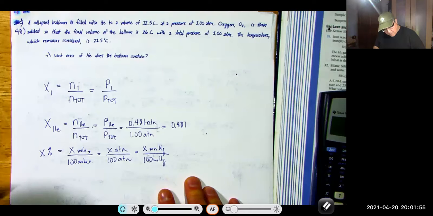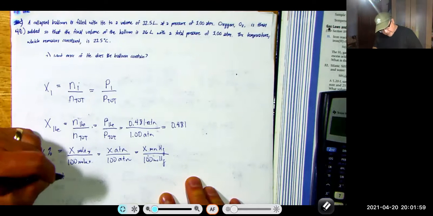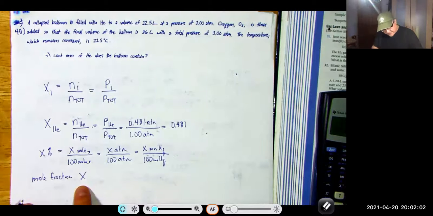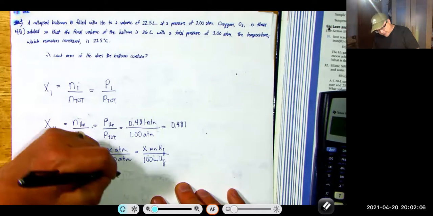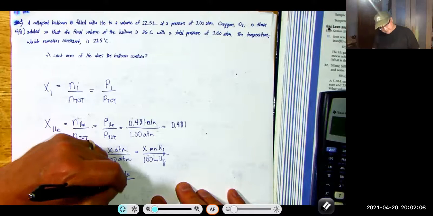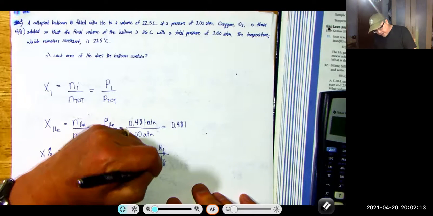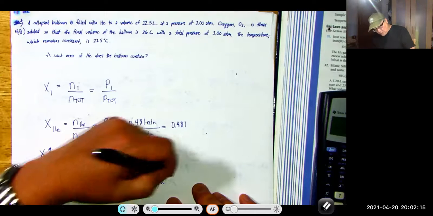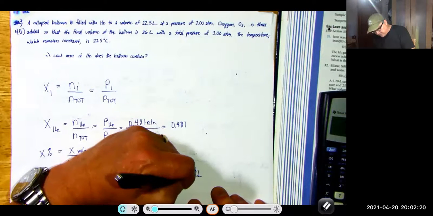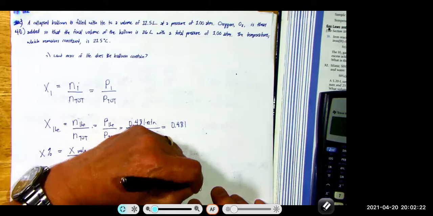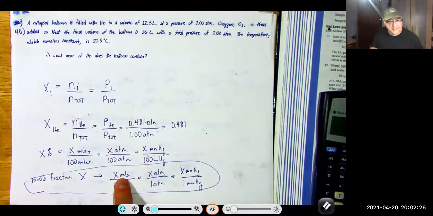But when they talk about mole fraction, if the mole fraction is X, this means X moles out of 1 mole, or X atmospheres out of 1 atmosphere, or X millimeters of mercury over 1 millimeter of mercury. People don't like using mole fractions because no one likes to think out of 1.